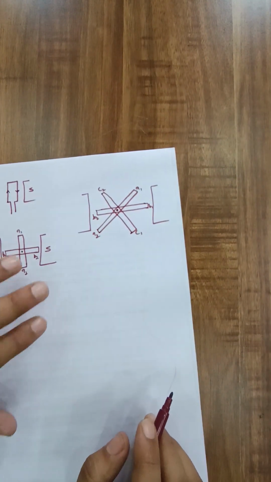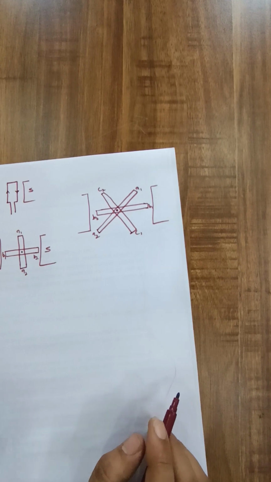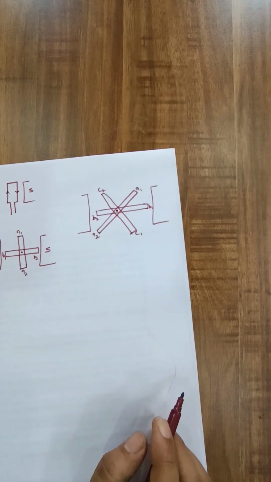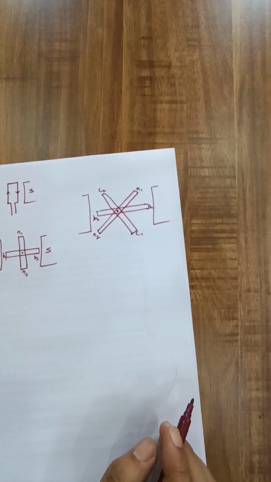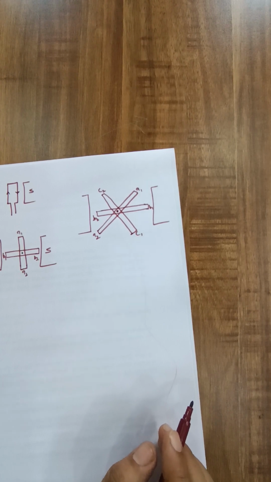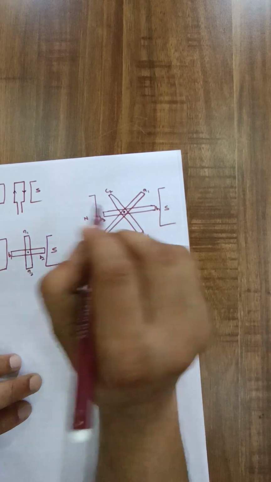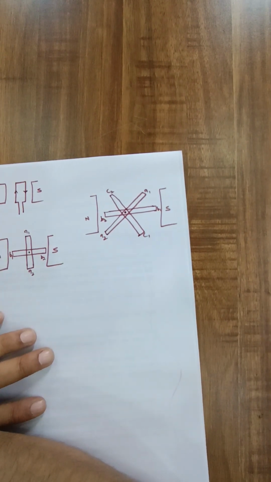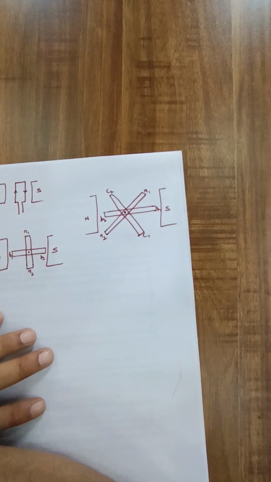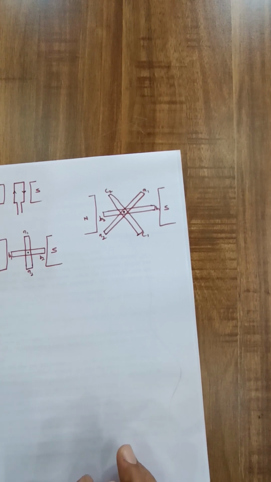So in this manner, when these three coils rotate, the phase displacement of 120 degree will be generated between the voltage across each coil. Clear? Here these are N pole and S pole. So this is the concept of how three phase AC voltage can be generated.